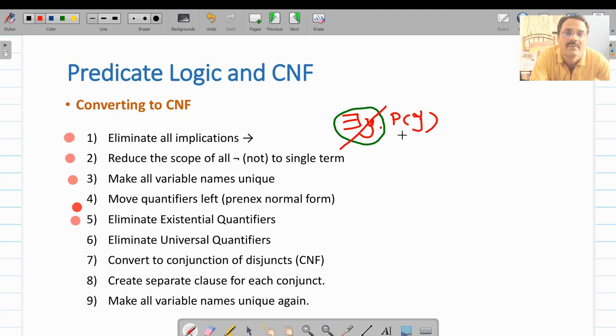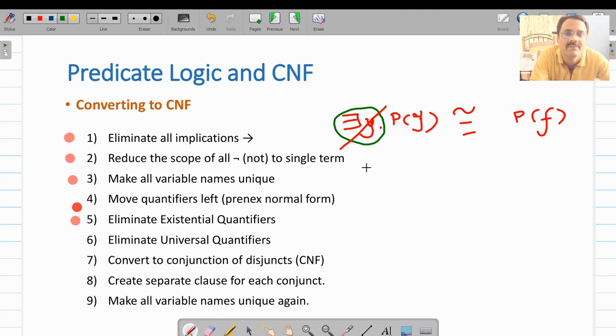So in the hope that it will return the required value, you can remove this there exists y. So this is equivalent to P of some function f, which will return that required value. But if I know the constant, then no problem, you can simply substitute that value with the constant.